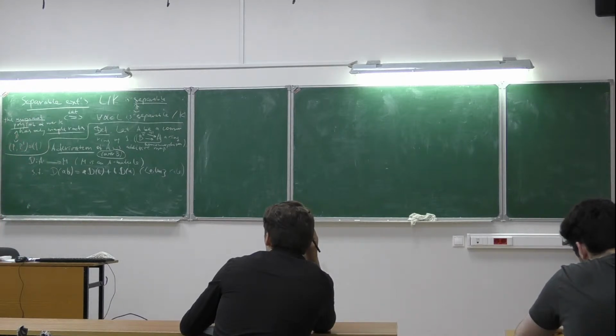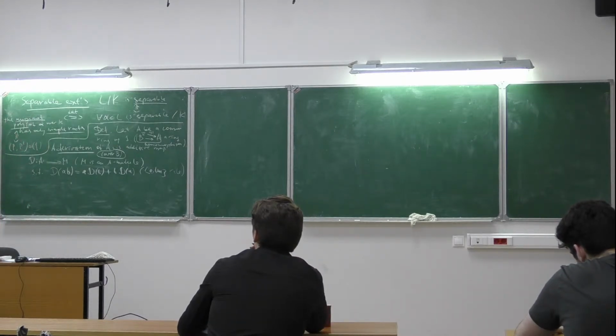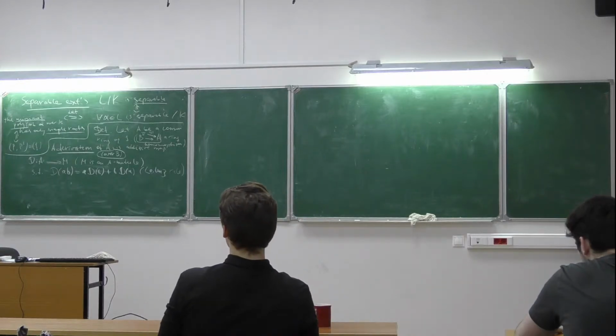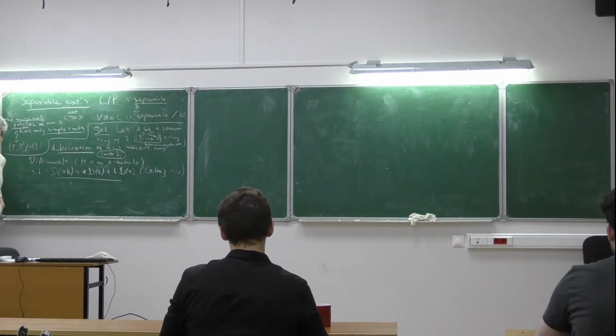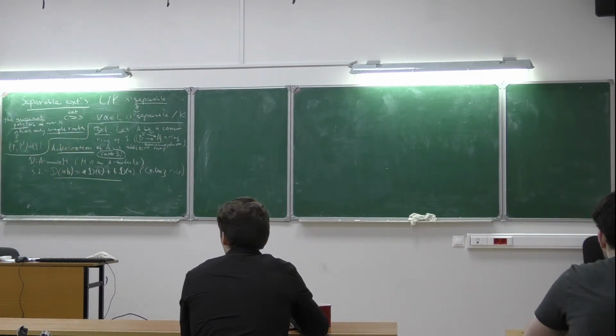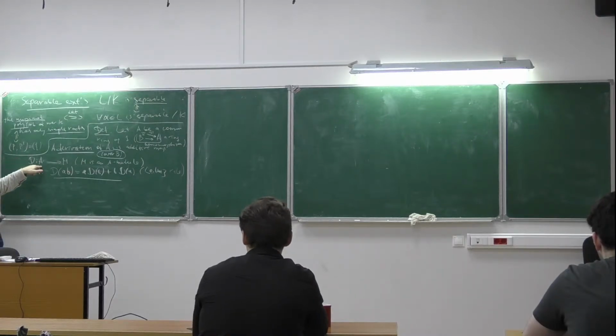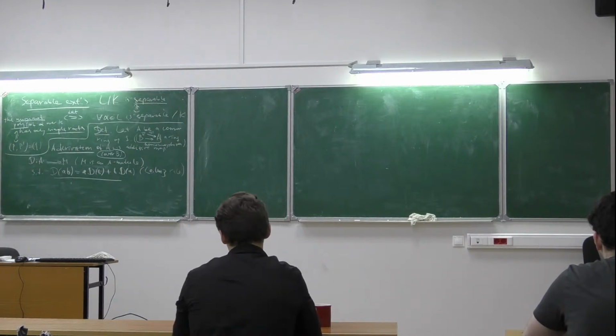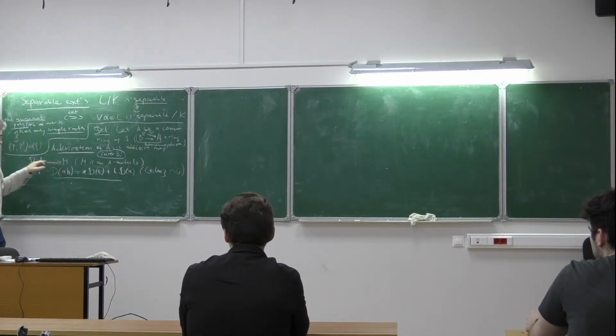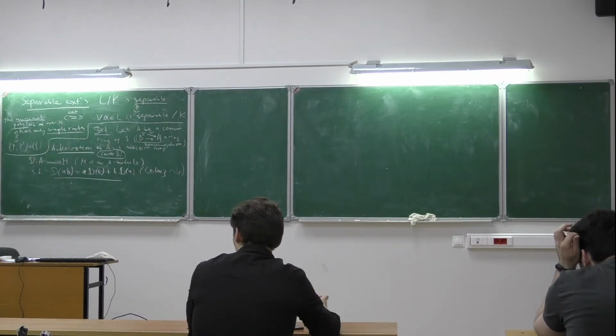For example, you probably know some examples: if A is a ring of polynomials, then you can take derivatives, and this will be an example with values in A itself.